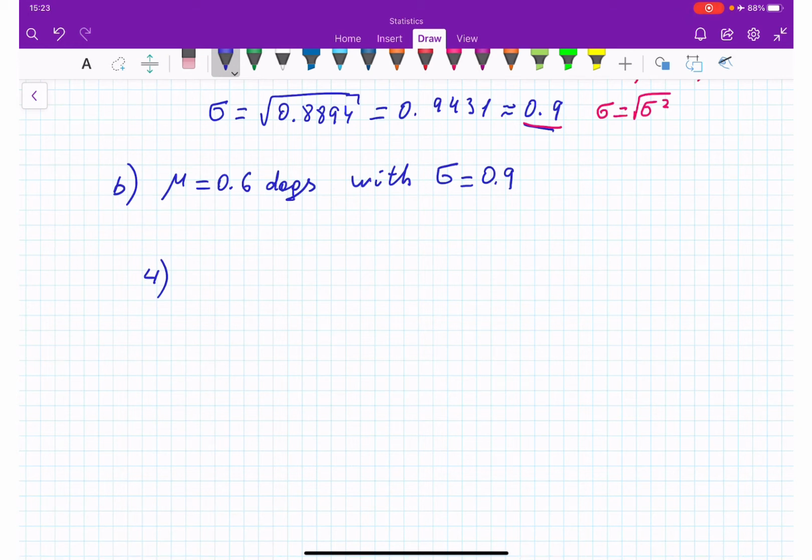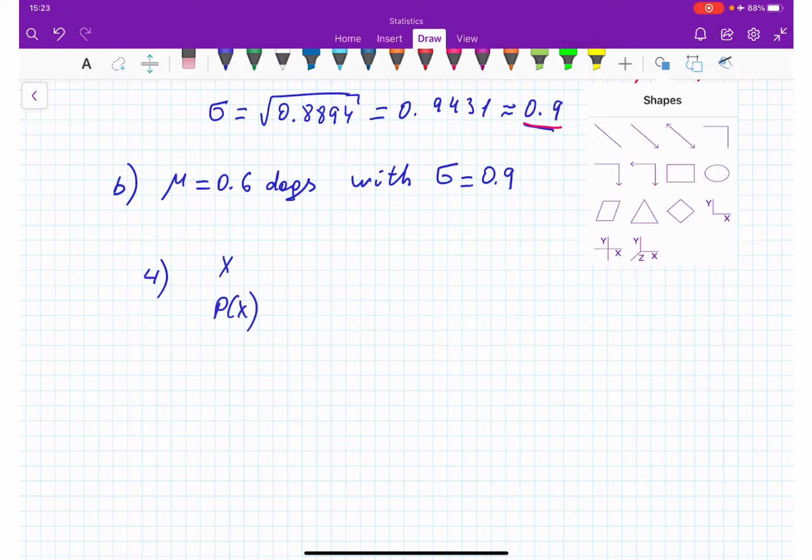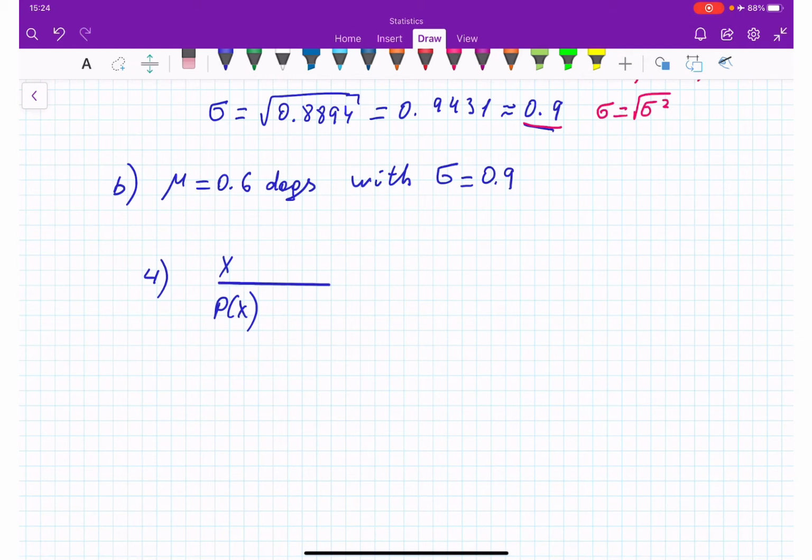Okay, so what do we have? 8 questions. This is X, and this is probability of X. To be safe, I'm providing a long line. So 0 correct, 0.02. And then for 1 question, it's going to be 0.04.